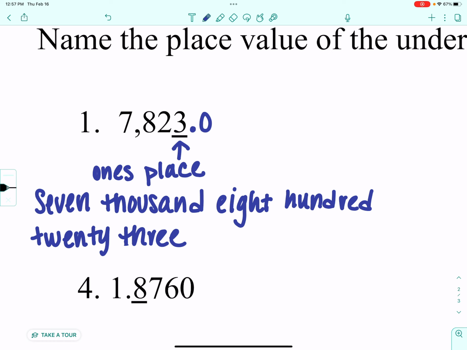Our tendency is to say 7,823, but using an and right here typically would indicate the presence of a decimal place. So we have to get in the habit of not using and when we're saying numbers, because and is typically reserved to indicate the presence of a decimal.